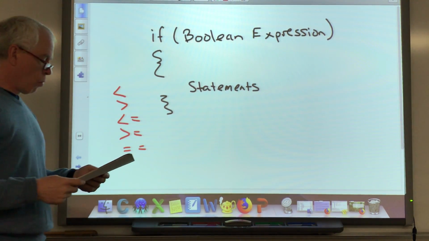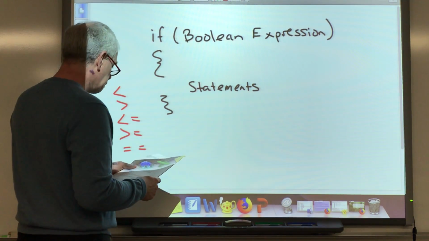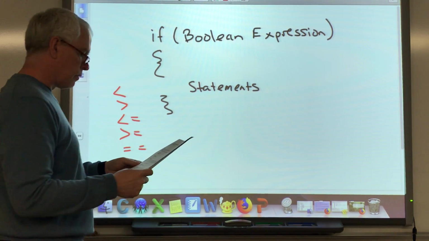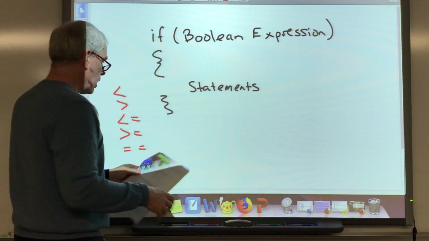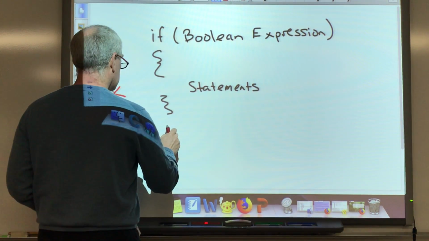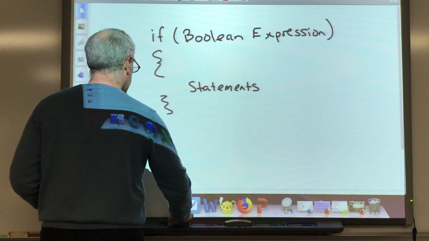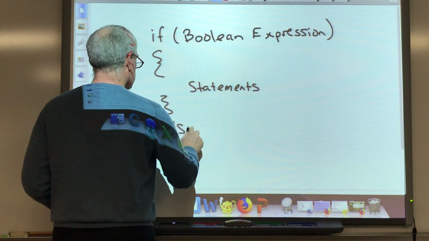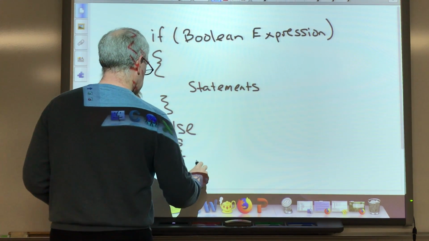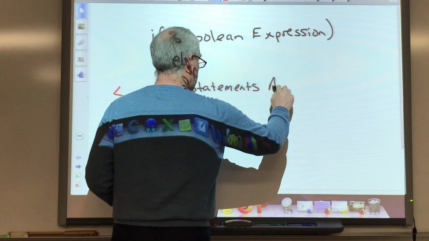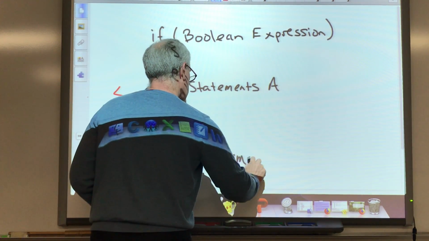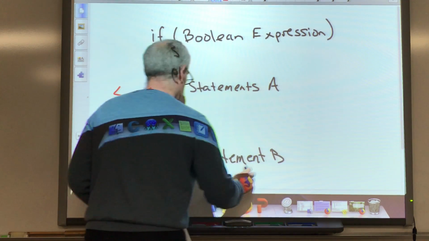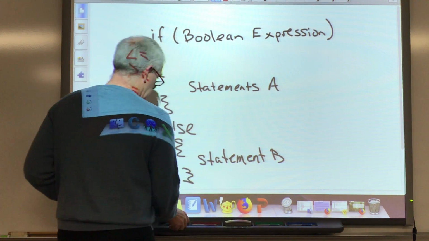One more piece of syntax and semantics that I can add to this: an else statement down here. Let's call this statement A, and call this statement B, in brackets.